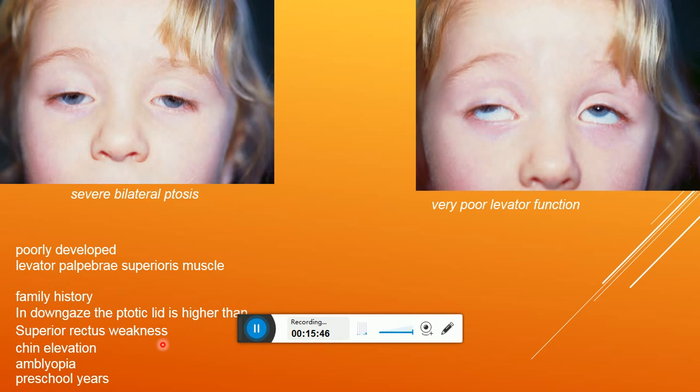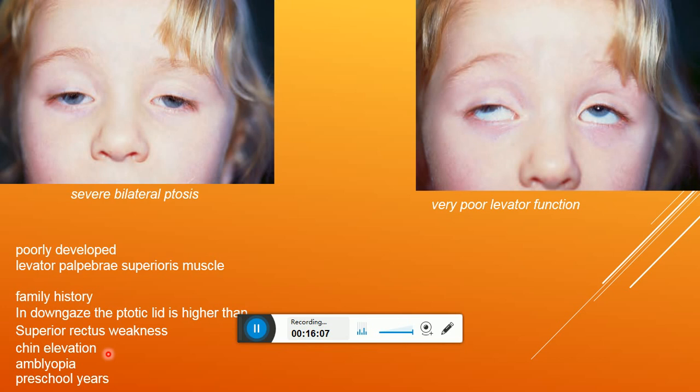Another important point is superior rectus weakness. Superior rectus weakness may be present because of its close embryological association with the levator. Compensatory chin elevation may be present in severe bilateral cases, and there may be refractive errors. They are common.